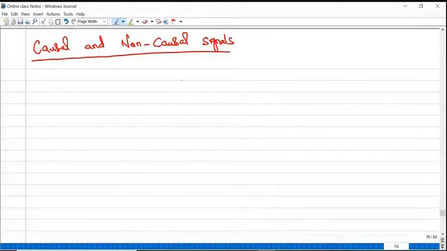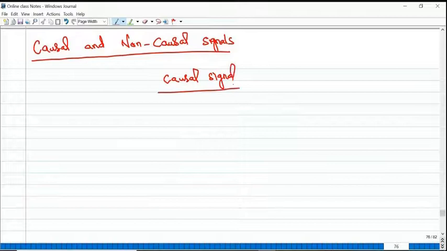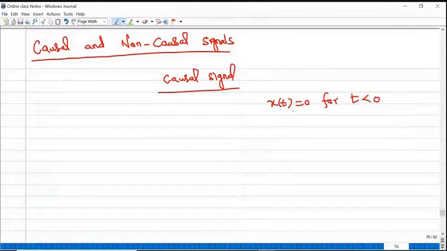So what is the definition of a causal signal? A signal is a causal signal if x of t equals 0 for t less than 0. That means there should not be any information in the negative values of t.